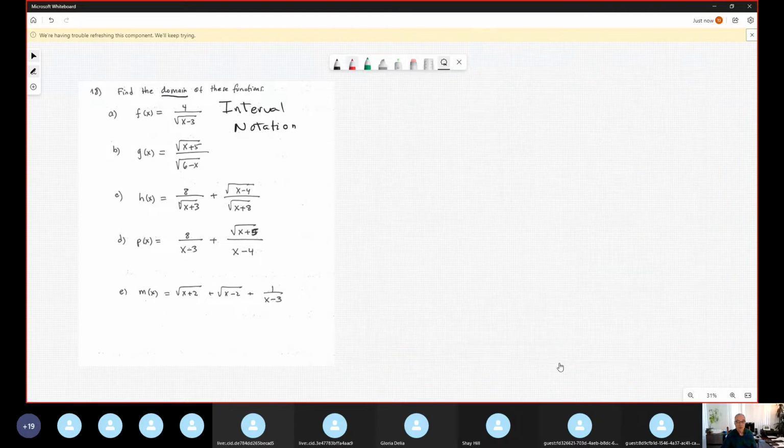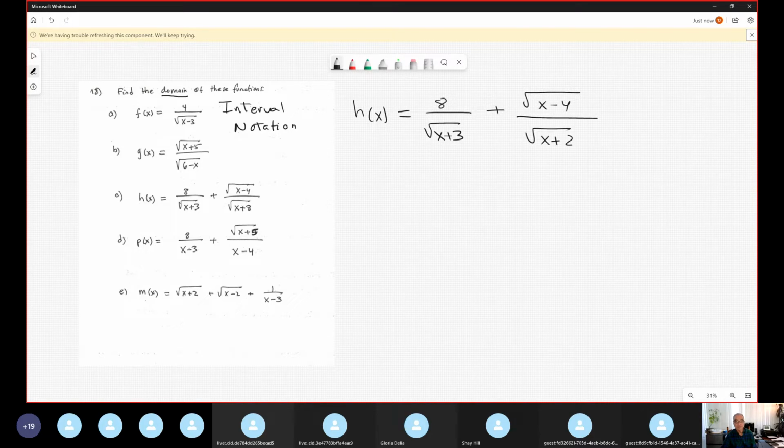Suppose I copy the h function: 8 over square root of x plus 3, plus square root of x minus 4 over square root of x plus 8.